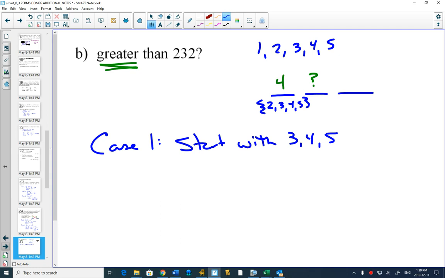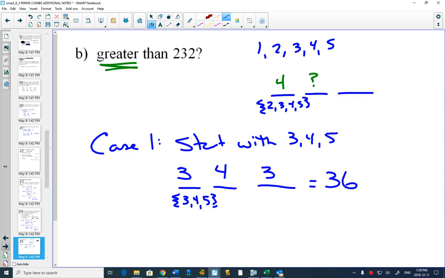I'm counting my numbers in the 300s, the 400s, and the 500s. There's going to be no restrictions afterwards. So I make underneath my first number showing that I'm restricting this to 3 or 4 or 5, 3 choices. Then there's no restrictions afterwards. I have 4 numbers left, then 3 numbers left. 36 ways. Case 2.